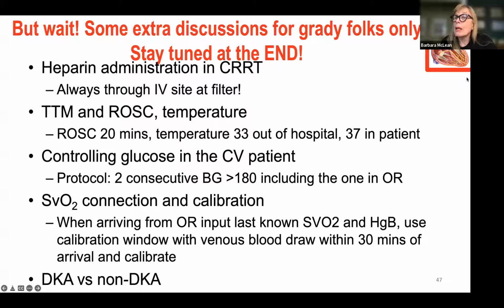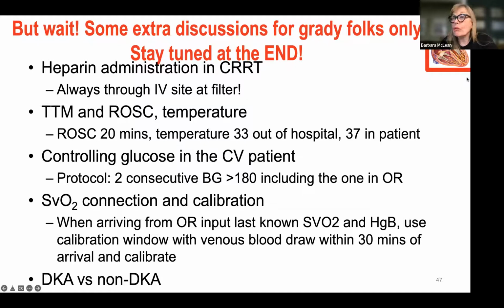37 degrees is still following a protocol. You don't just put patients post-cardiac arrest at 37 degrees. They will still shiver, and if they are shivering, they are producing heat, and you will be applying water flow at 4 degrees or 8 degrees Celsius against their skin, which will cause many secondary injuries.